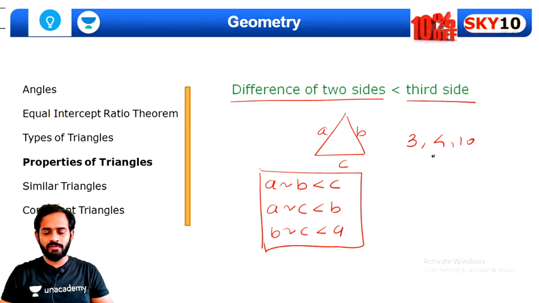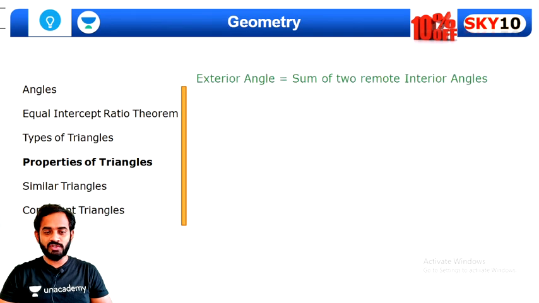The difference between 10 and 4 is 6, and it is greater than the third side, but it should have been less than the third side. That's why this triangle will not be possible. So for similar questions you can find out whether the triangle is possible or not.